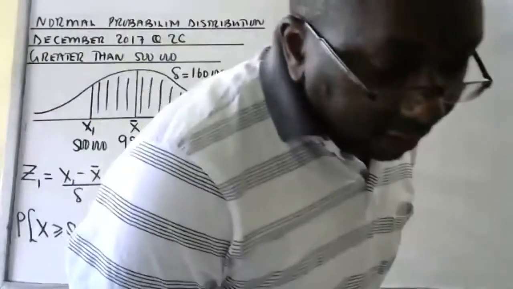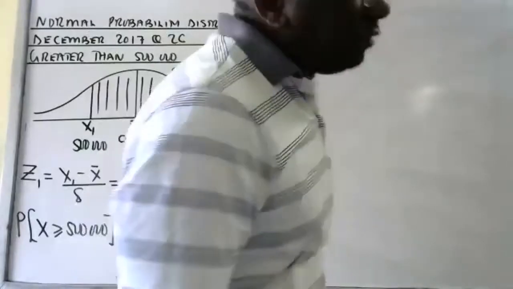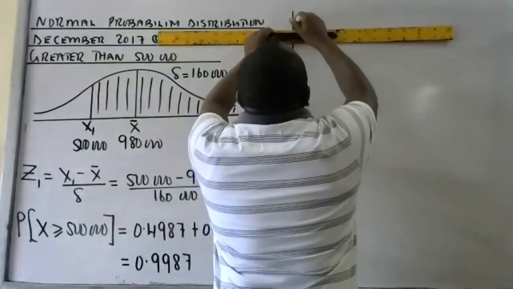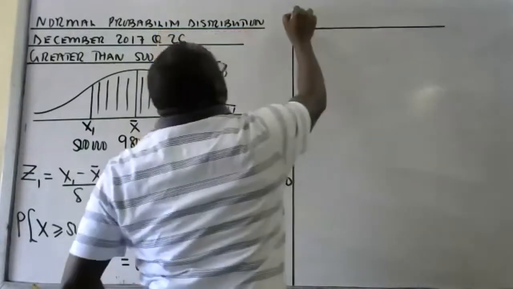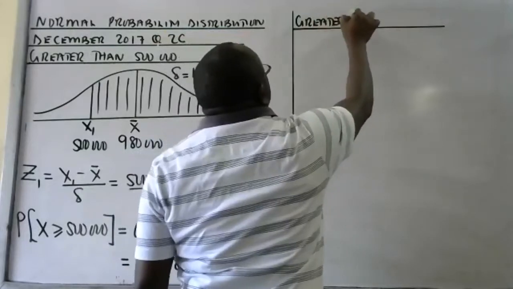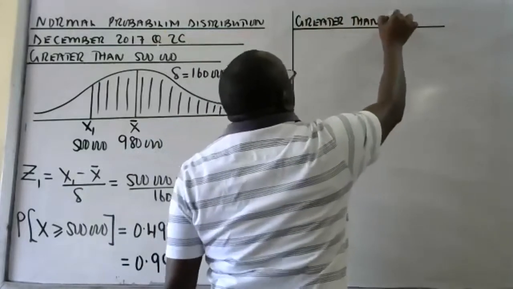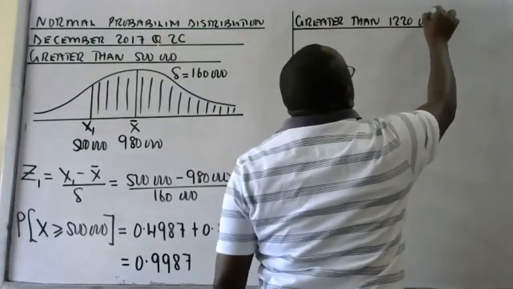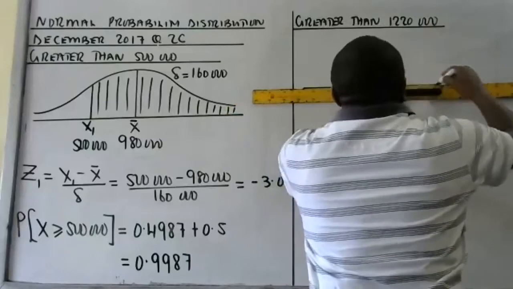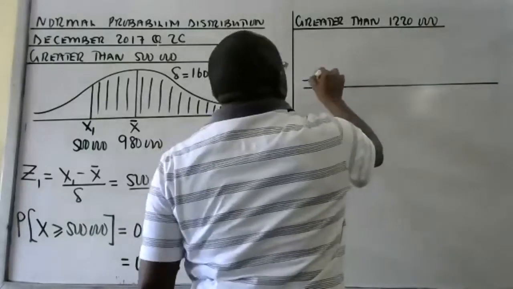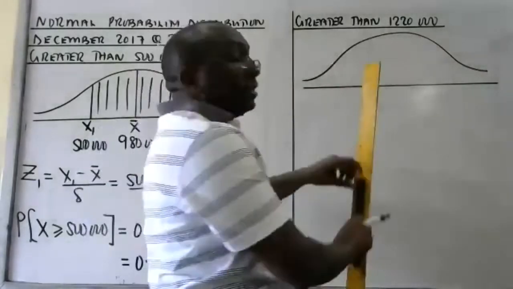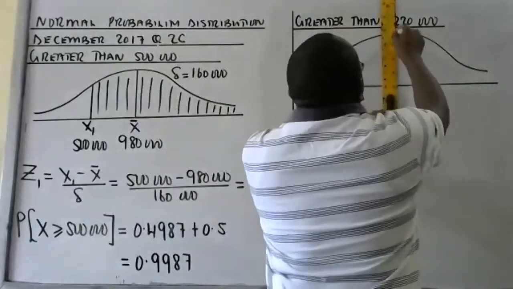The next one is greater than 1,220,000. You're told greater than 1,220,000. So once again, you draw your normal curve like that.